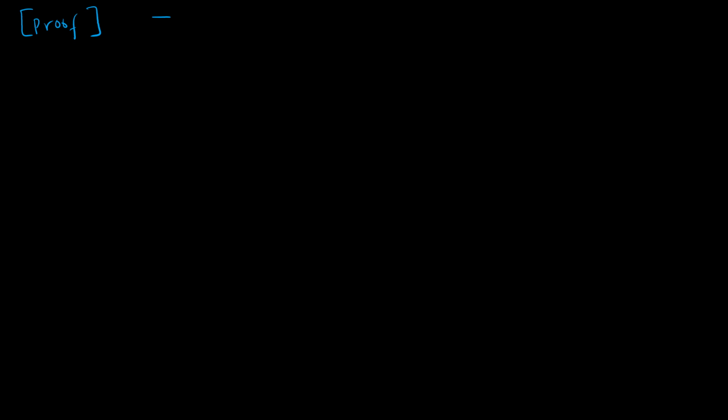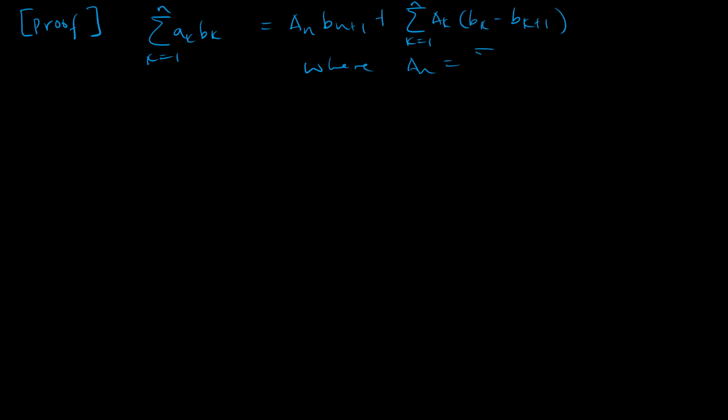Said at the very top, the summation of a_k b_k from k equals 1 to n is equal to A_n b_{n+1} plus the summation from k equals 1 to n of A_k (b_k minus b_{k+1}), where A_n is equal to the summation of a_k. So we're going to prove that.